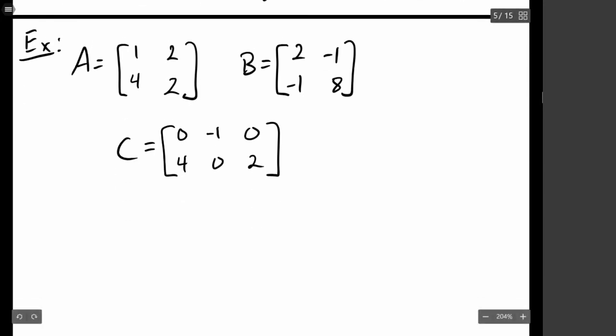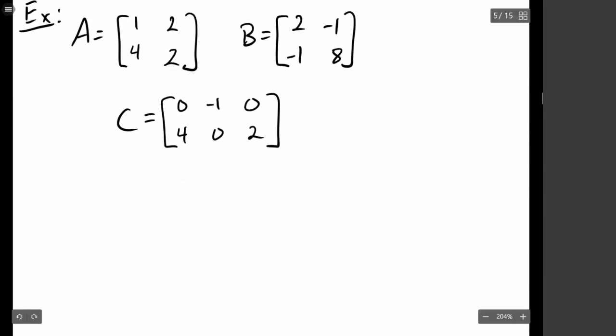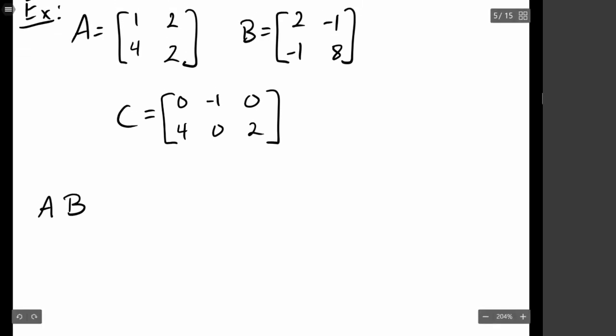All right, so let's ask, what about A times B? Does this make sense? Can we do this product? Well, I think the best way to do this is write the size of these matrices underneath each other. So here, A is a 2 by 2 matrix. B is a 2 by 2 matrix.